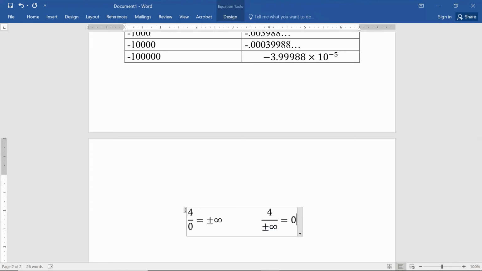So there's kind of this little exchange between infinity and 0 on our forms. Now, when I say equal, I'm not saying that these two fractions are the same thing. In fact, neither of these fractions actually exist. But what I'm saying is, if the limit has this 4 over 0 form, we saw we got plus or minus infinity. If the limit has 4 over plus or minus infinity, we saw that we got 0.